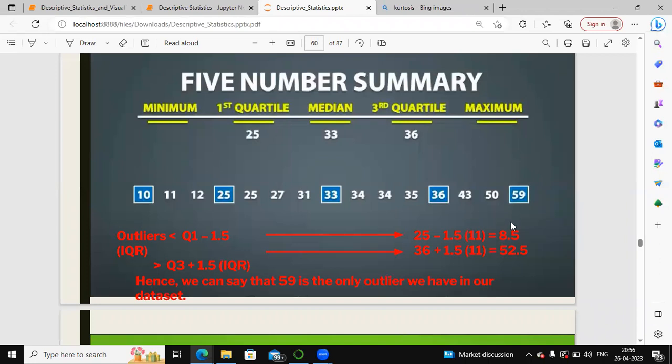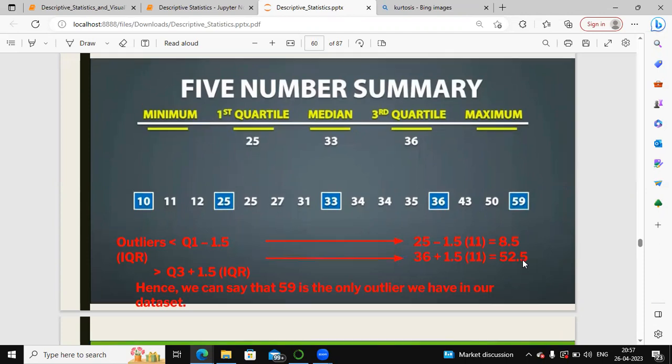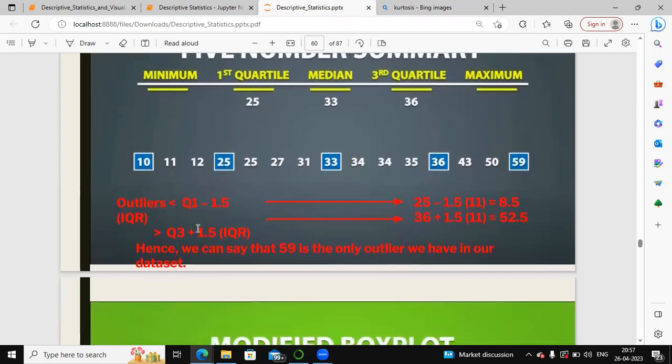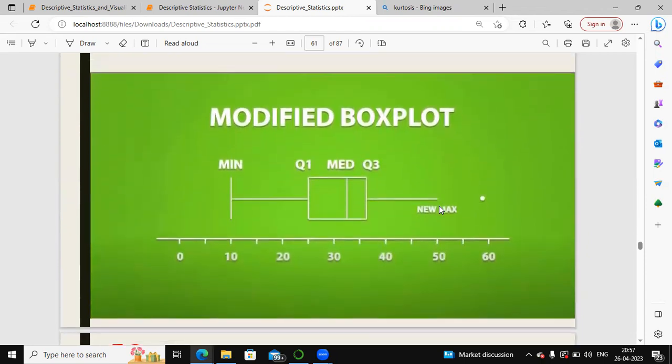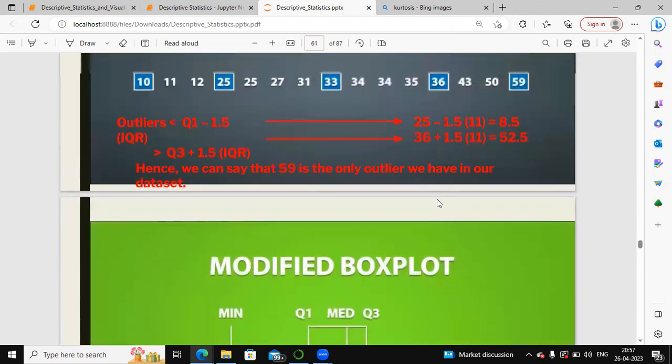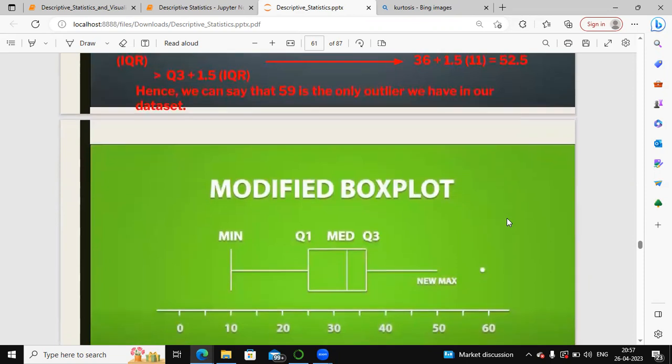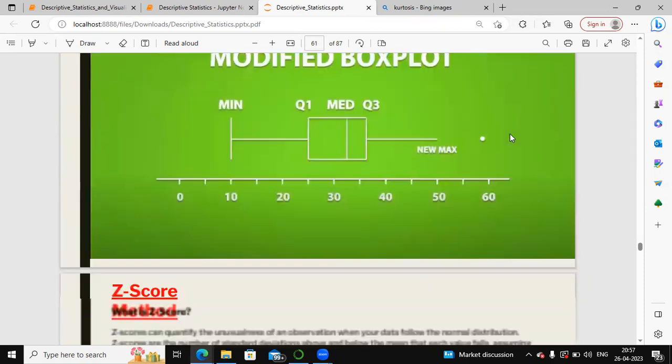But 59 is greater than 52.5, which is not good, since there is an outlier present in our data set. So we have to remove this point. Hence, we can say that 59 is the only outlier in our data set. The maximum will then come out to be 52 when you remove this point from your data set.